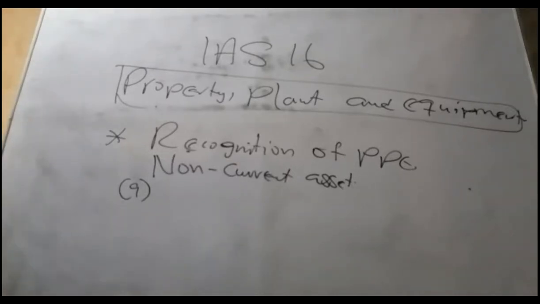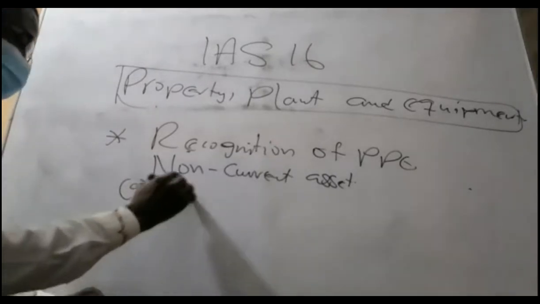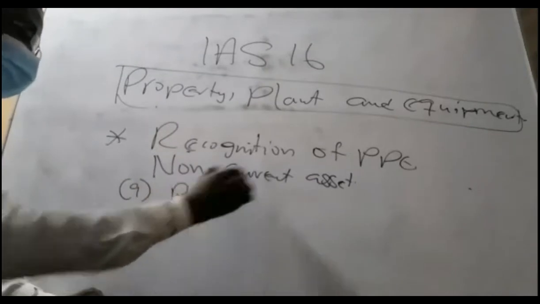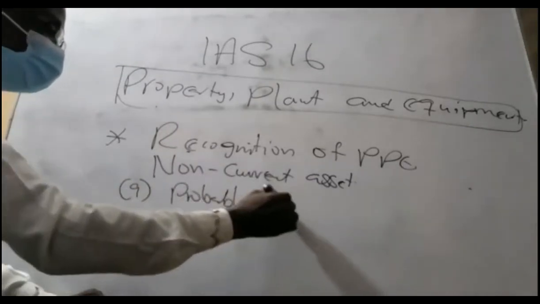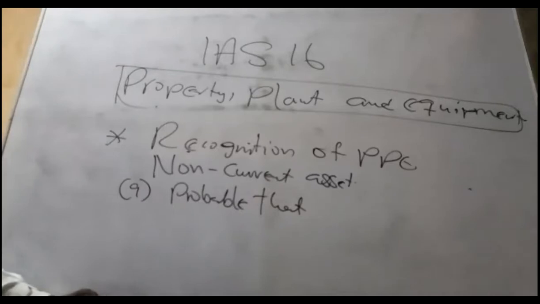That's all. So it must be what? Probable that the future economic benefits associated with the asset will flow to the entity. That is the first condition.